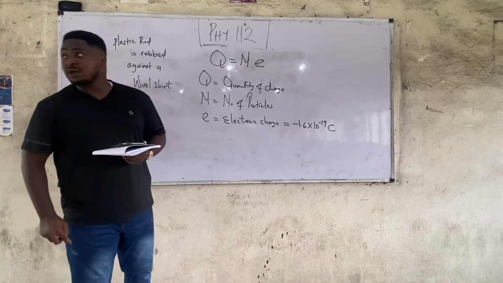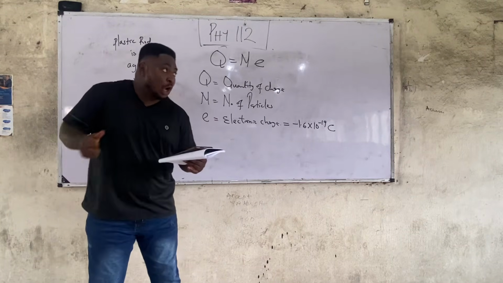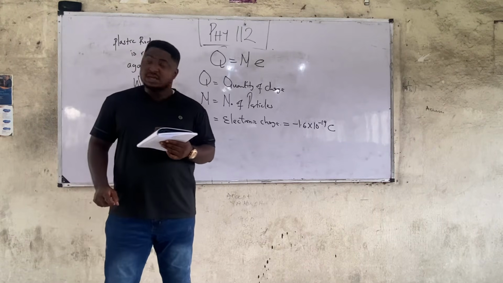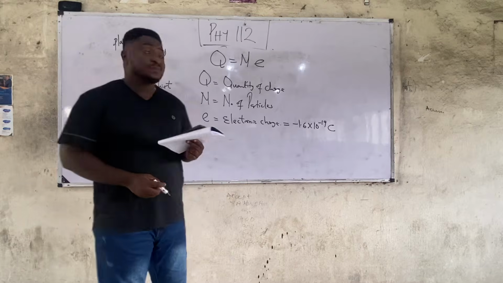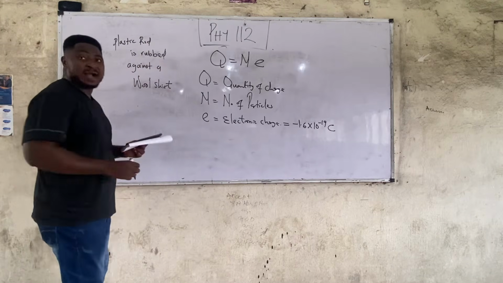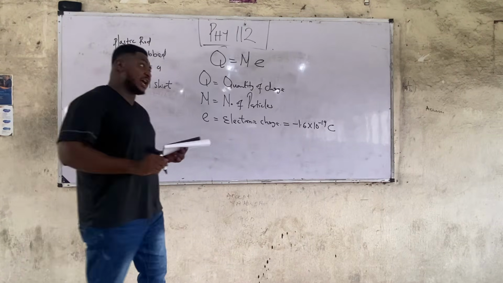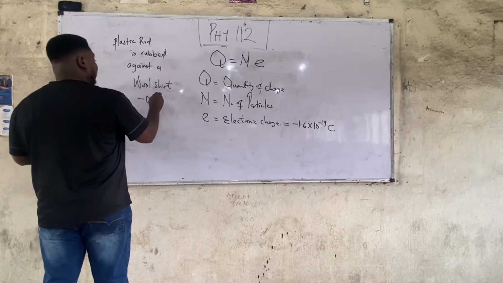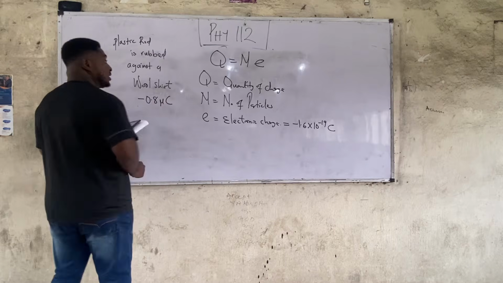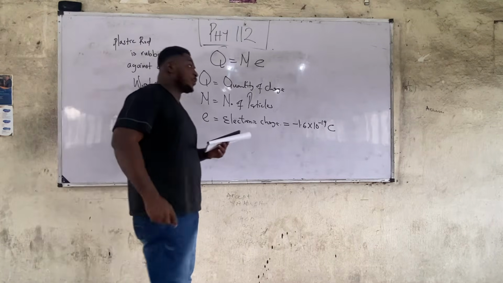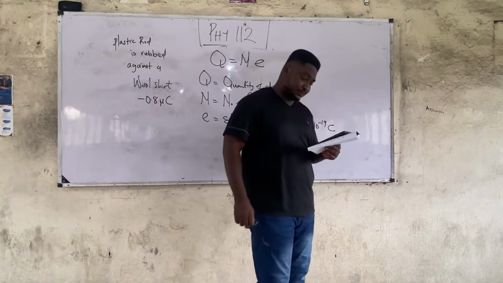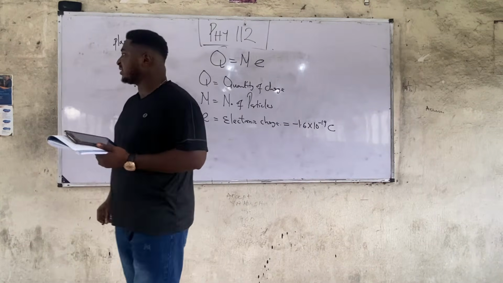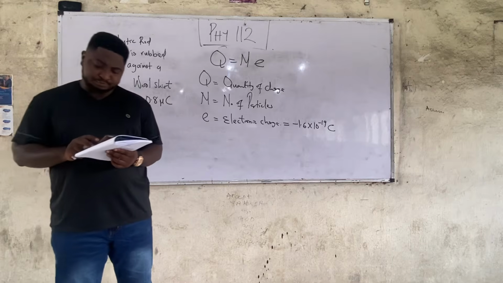A plastic rod is rubbed against a wool shirt, thereby acquiring a charge of minus 0.8 microcoulomb.